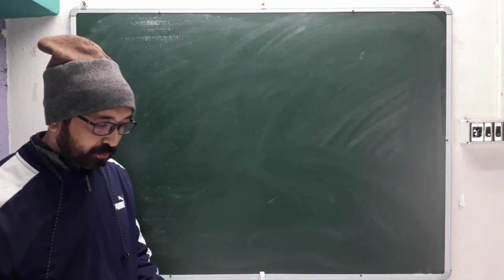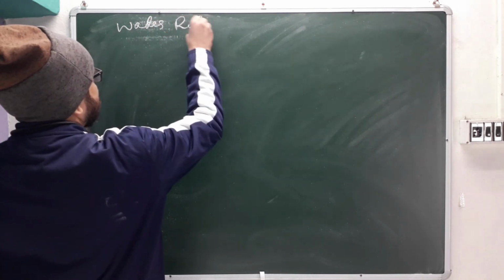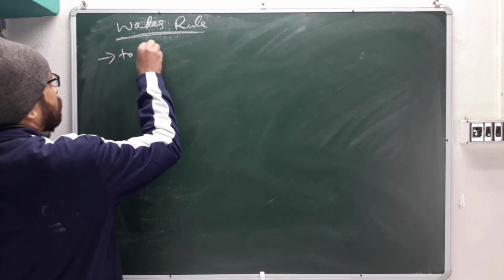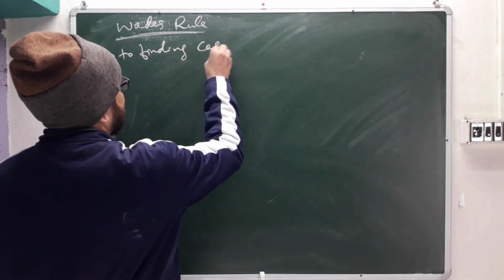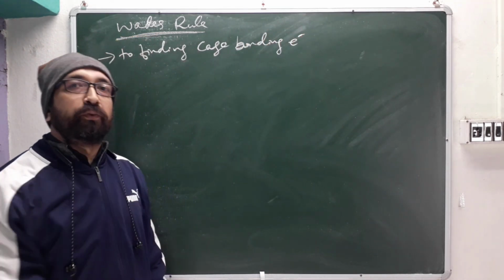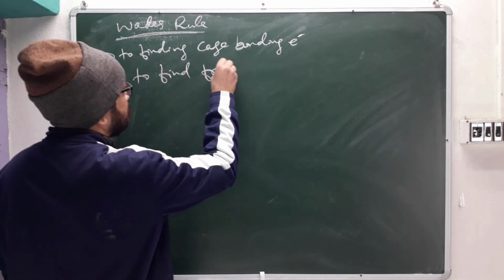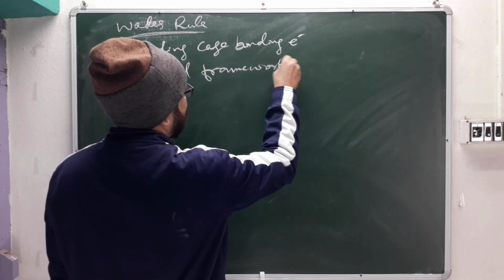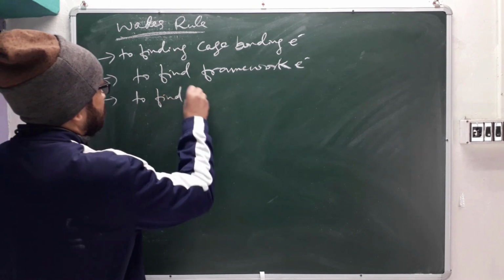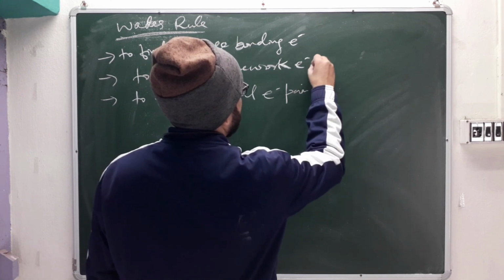So now it's Wade's rule. We use Wade's rule to find the cage bonding electrons, the framework electrons, and the skeletal electron pairs.